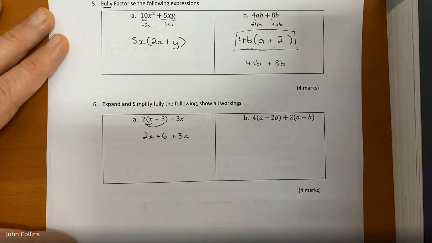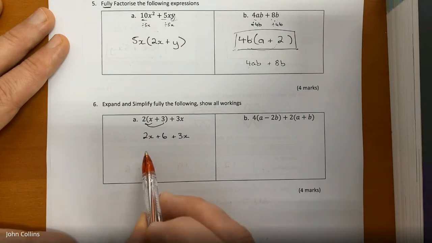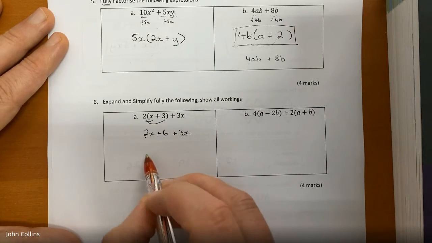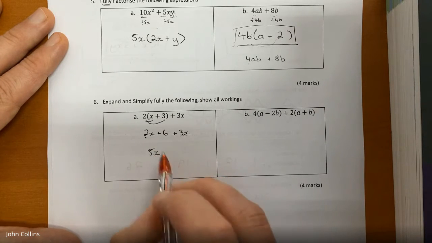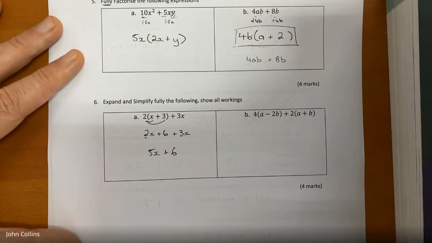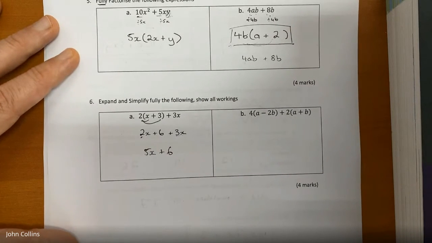And now it's a simplifying question, like one of the previous ones. Add just the like terms, the ones that look alike. 2x and 3x are buddies, so there's 5 of those x's, and plus 6 here. Can't add the 6 because it has no friend to add it to it.